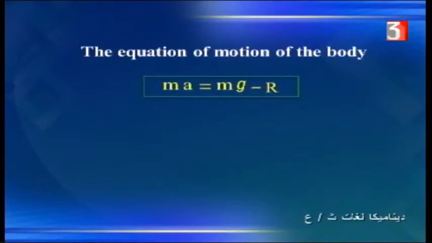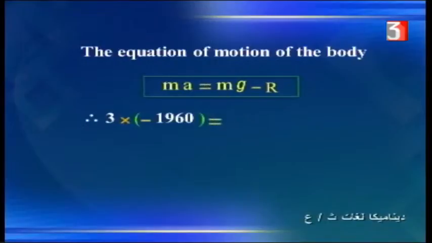And the resistance of the sand to the body, which is r, is in the opposite direction of motion of the body. The body moves downward, then the resistance is acting upwards. Then MA equals mg minus r is the equation of motion of the body during its motion within the sand.